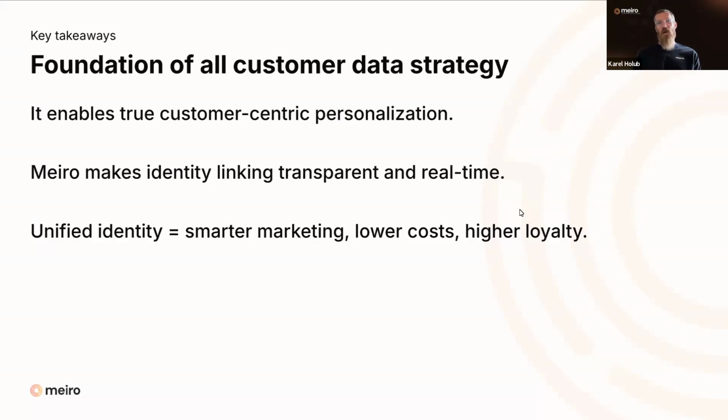It's fully transparent and it's real-time processed. Unified identity, that should be the goal. We should really focus on creating rich profiles and really a unified single view of a client, because that helps us with better personalization, better targeting, and maybe even higher loyalty with lower costs.